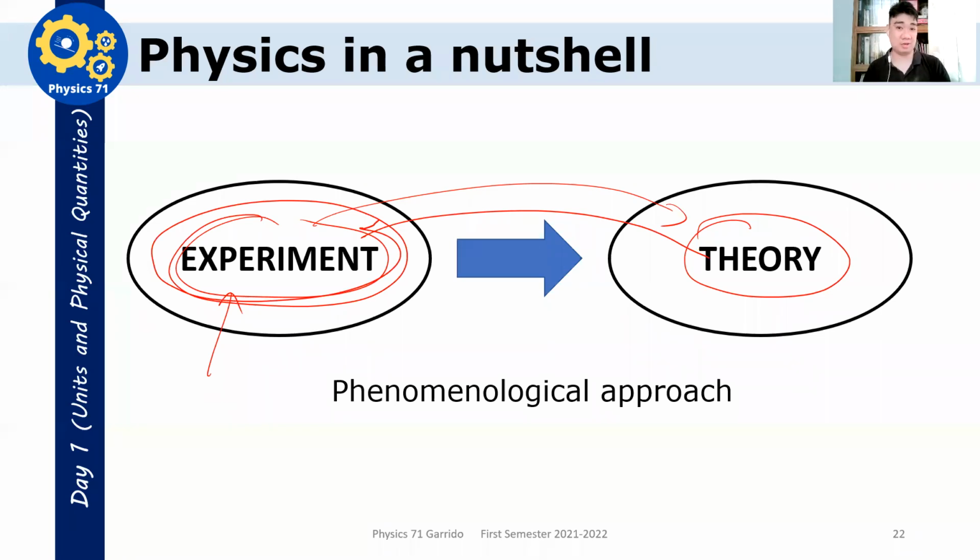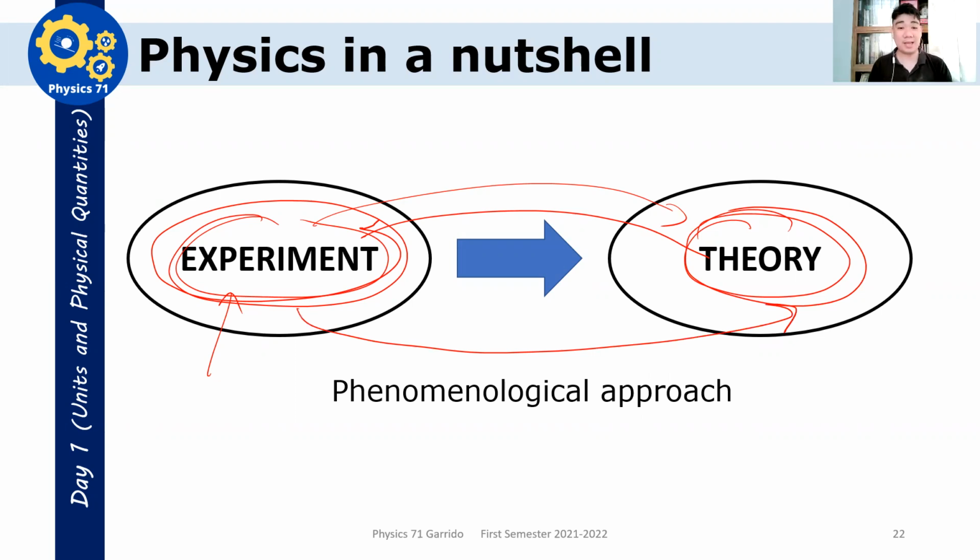Yun yung ginagawa sa research. Kaya nag-research kasi we want to determine which among the theories. So, of course, number one, you formulate a theory. Usually madali yon. Pero of course, it's not necessarily easy because theoretical physics is difficult. But another frontier topic is to use your experimental techniques to check which among these theories are correct.